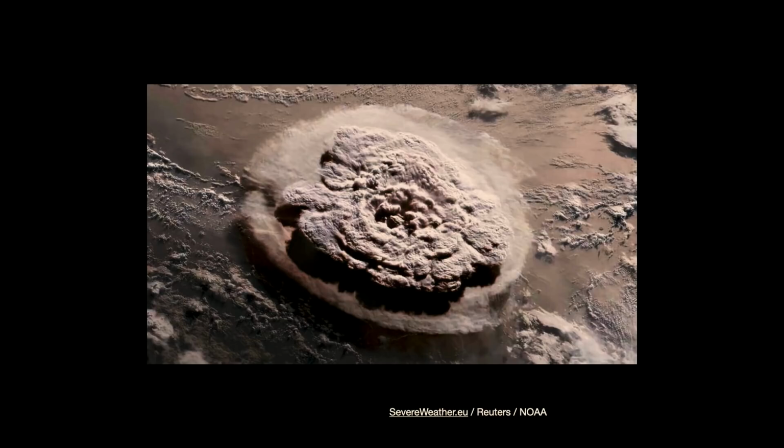A hugely energetic event here on Earth. And I mention it because I want to draw your attention to the shock waves, the blast wave, the pressure wave that emanated from this volcanic explosion.